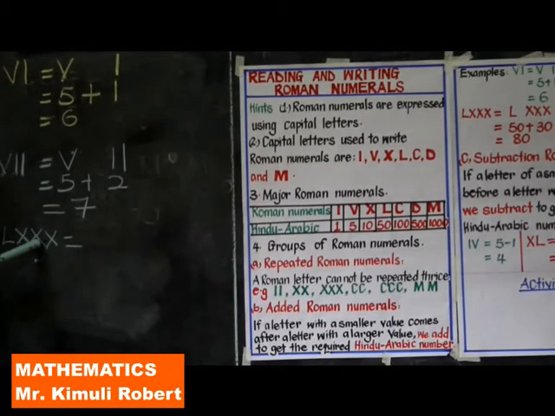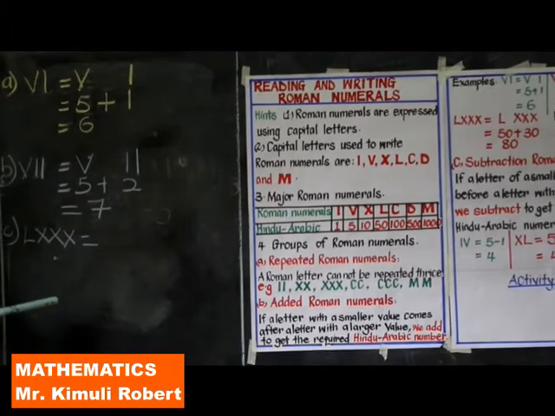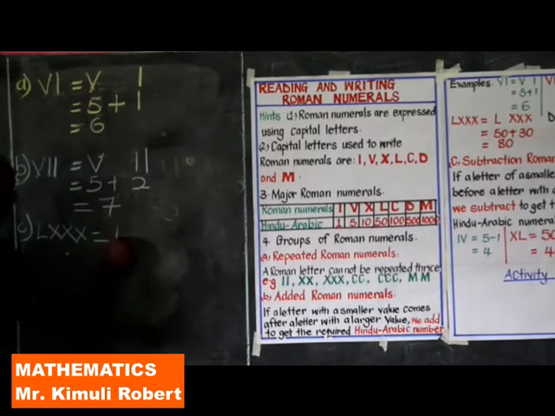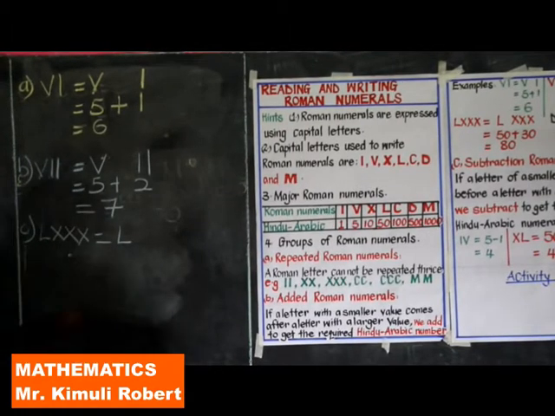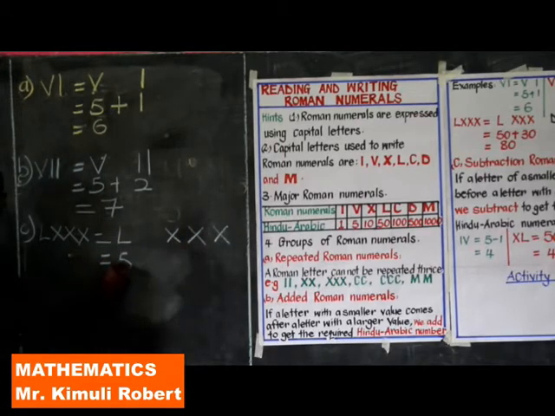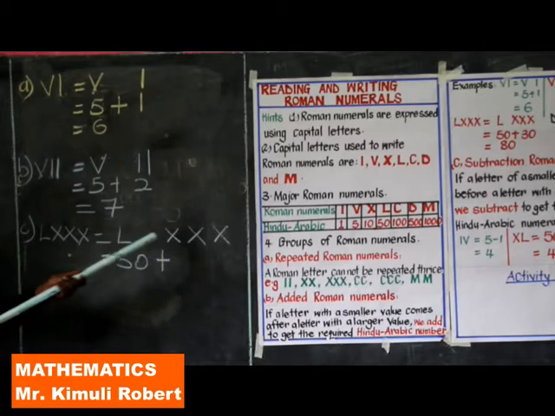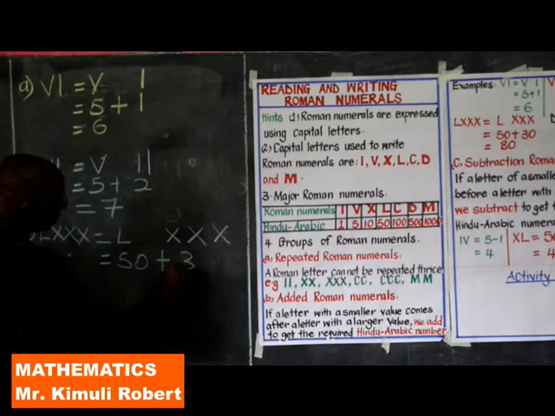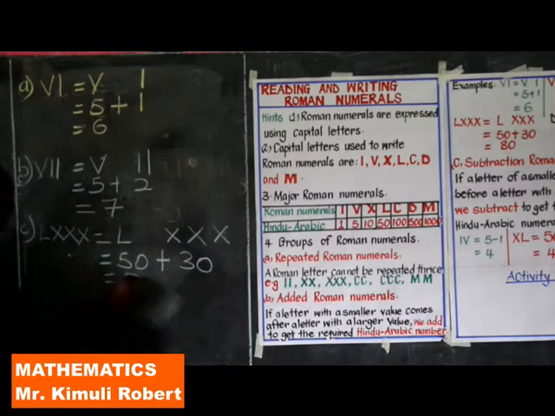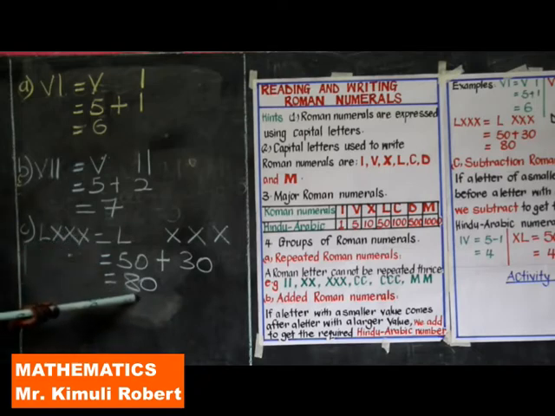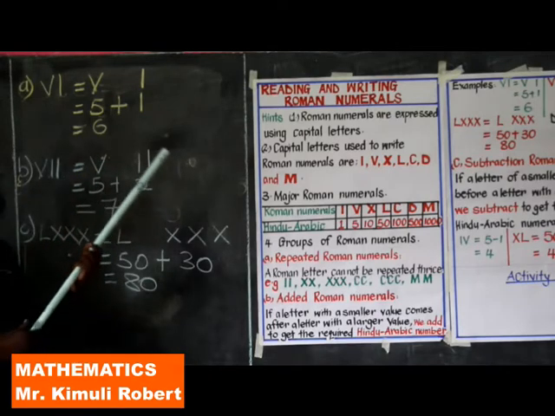Because X plus X, that is 10, 20. 20 plus X, that is 30. Meaning that XXX is 30. So we come here to find out. So this is L. L is a number of its own. Then we have XXX. L is 50 plus XXX. This is 10 plus 10 plus 10, which is 30. So 50 plus 30, that is 80. Meaning that LXXX is 80. So these are Roman numerals got by adding.